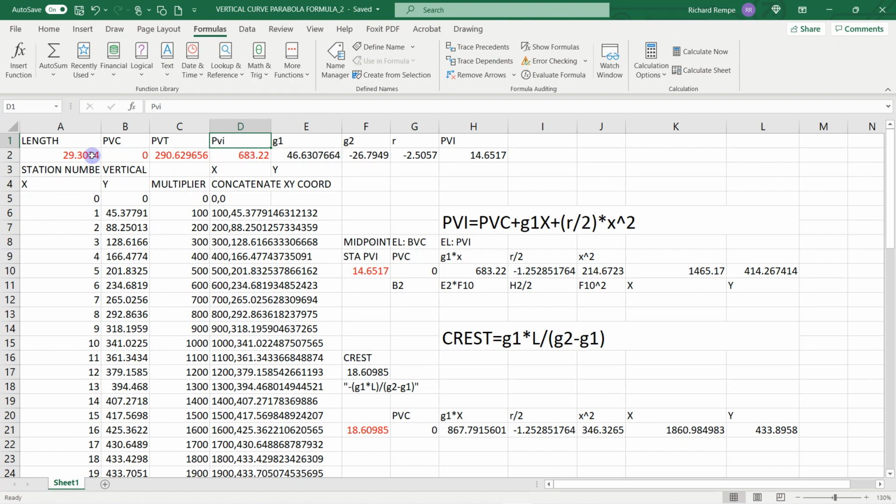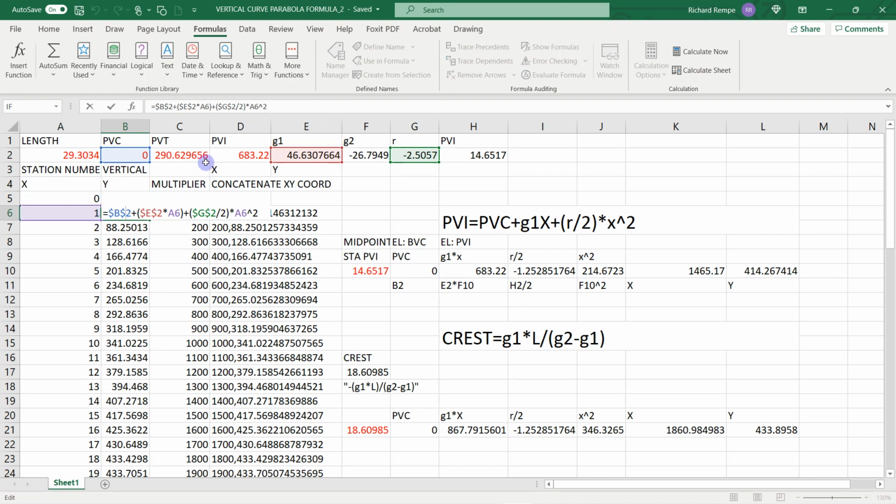Okay, so that looks right. So I've got the elevation, PVI. Enter. So elevation of point of vertical curve, point of vertical tangency, point of vertical intersection, they're just not in order. So that's the given.